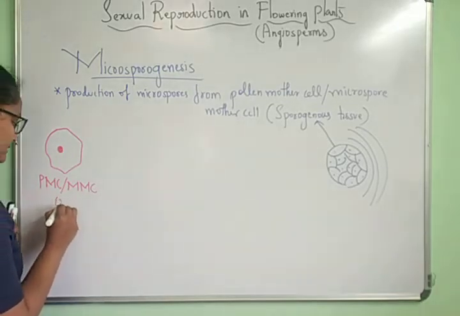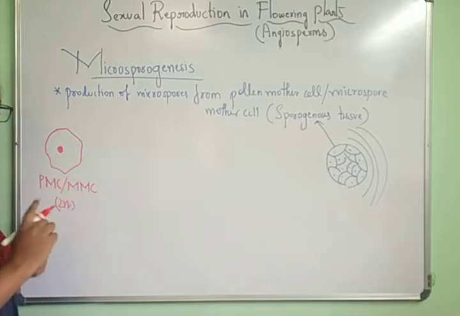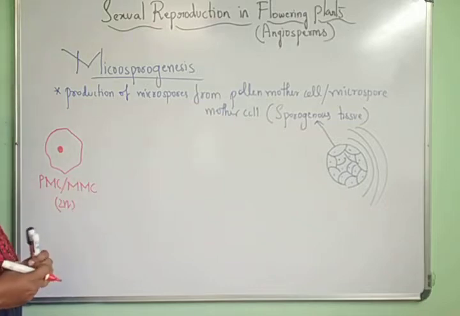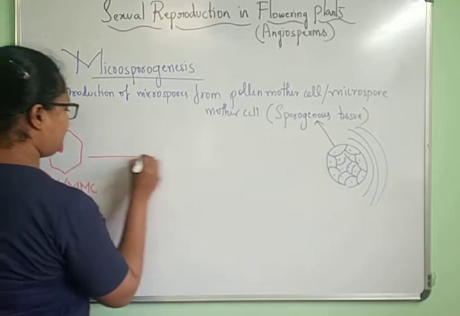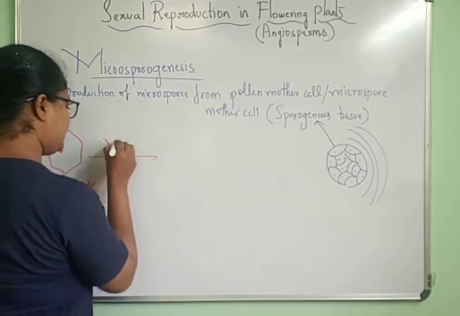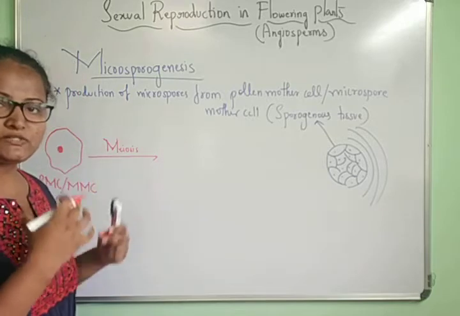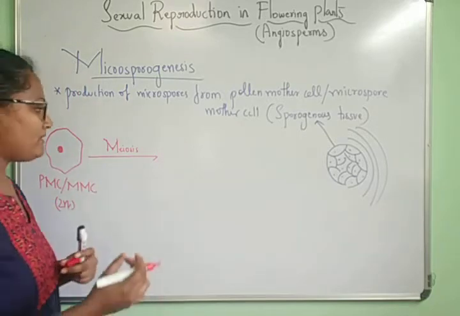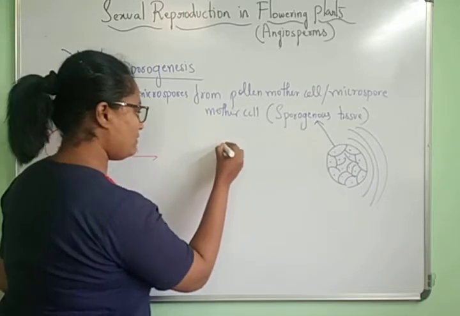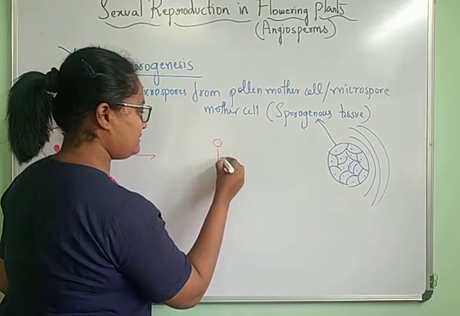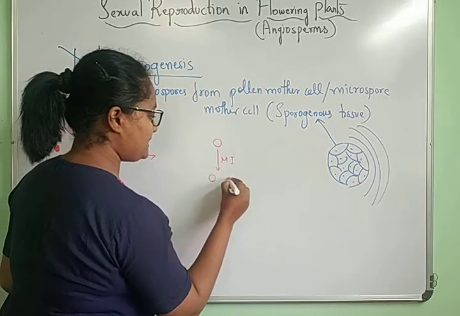So one more thing, they are diploid in nature, they are 2N. They undergo meiosis. We know there are two stages in meiosis, meiosis 1 and meiosis 2. When a single cell undergoes meiosis 1, they form two cells.